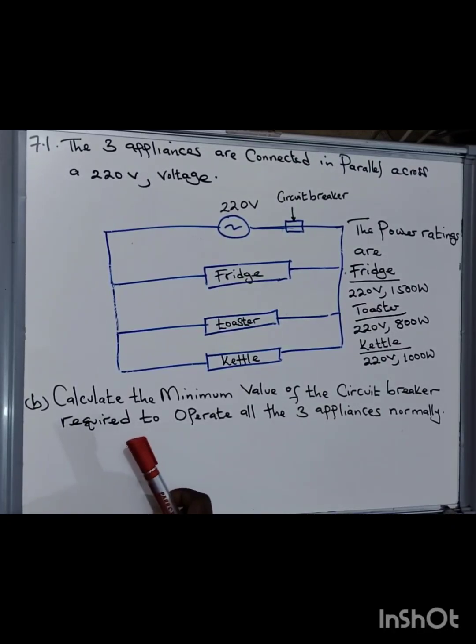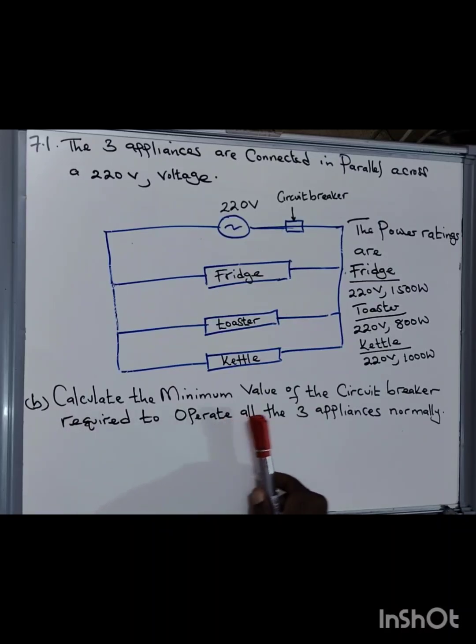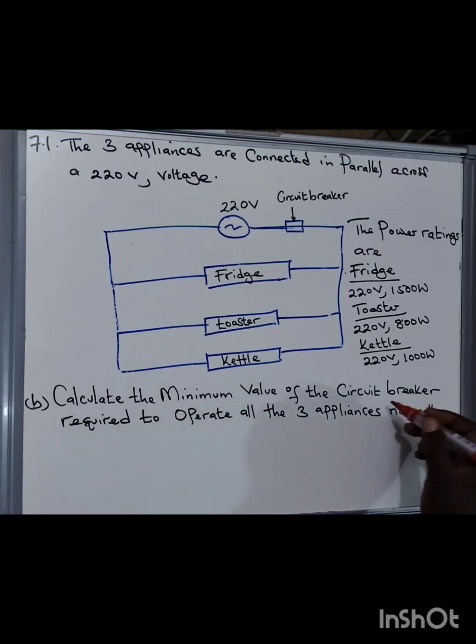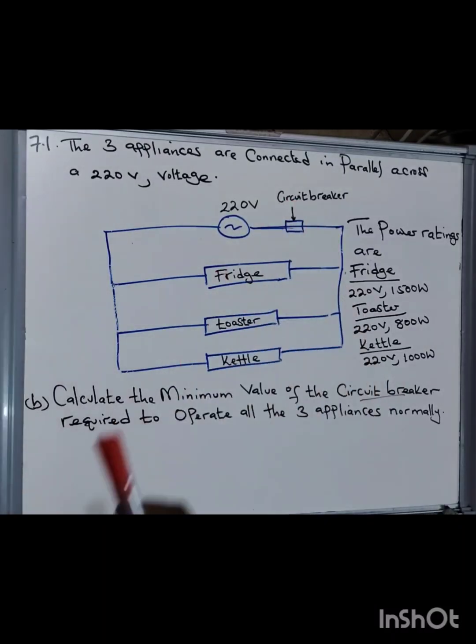Then comes this question. It says calculate the minimum value of the circuit breaker required to operate all the three appliances normally. To answer this question, you need to know what is the purpose of the circuit breaker. The circuit breaker replaced the fuse.